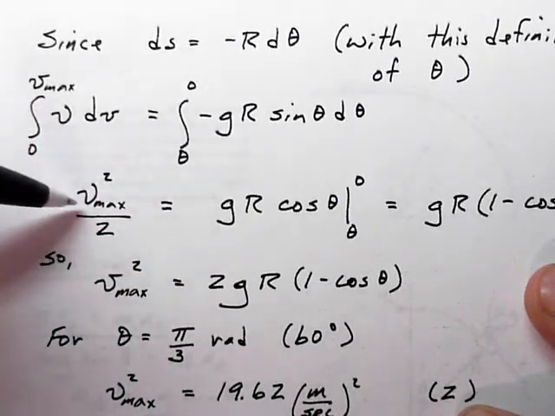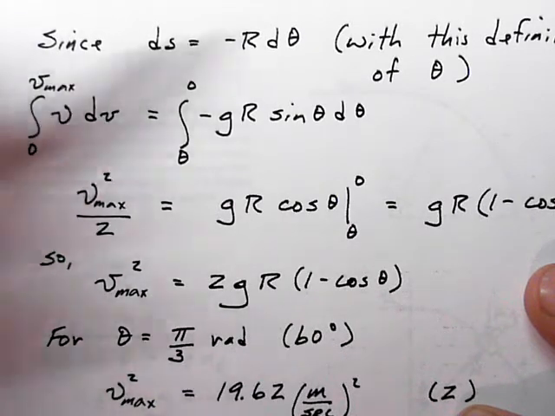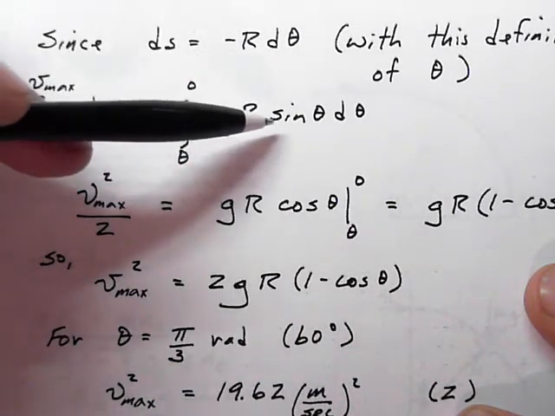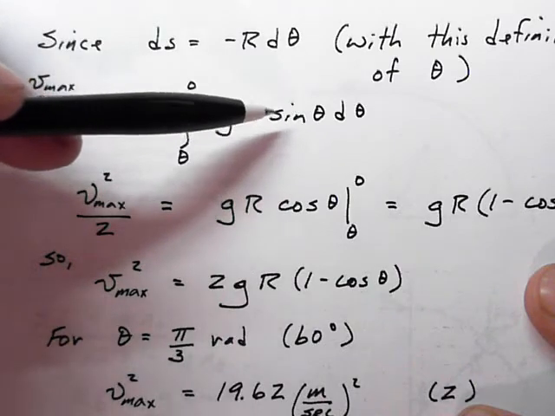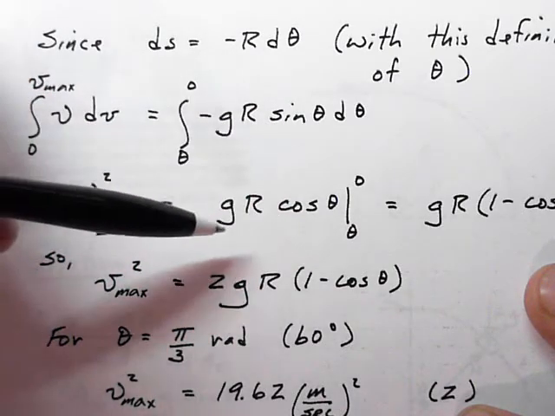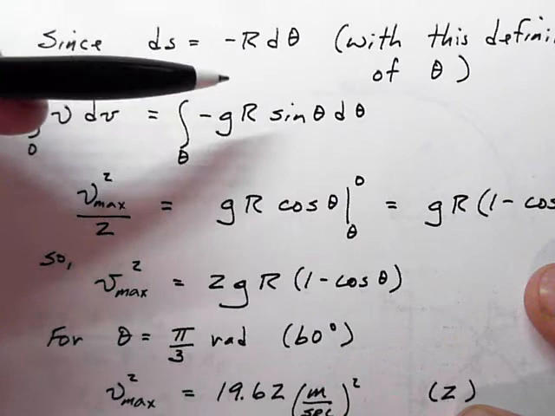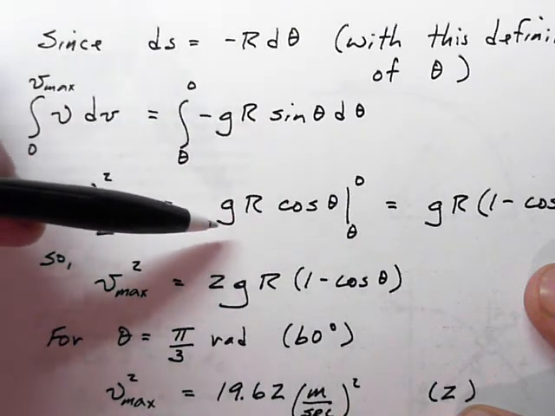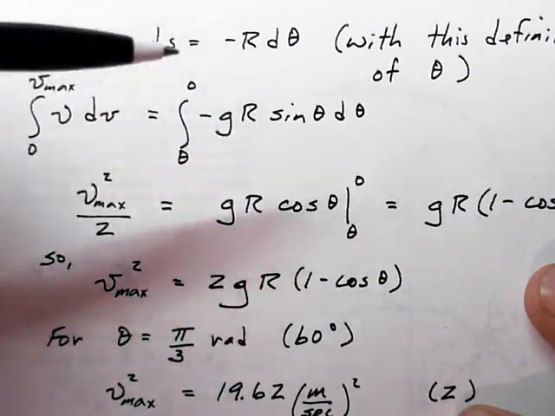This side gives us a Vmax squared over 2. Integrating the sine of theta is going to give us a negative cosine term, and so we're going to get a positive g r cosine of theta.